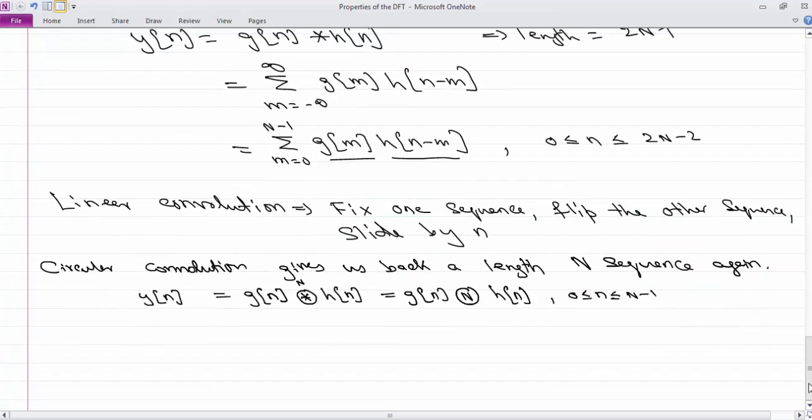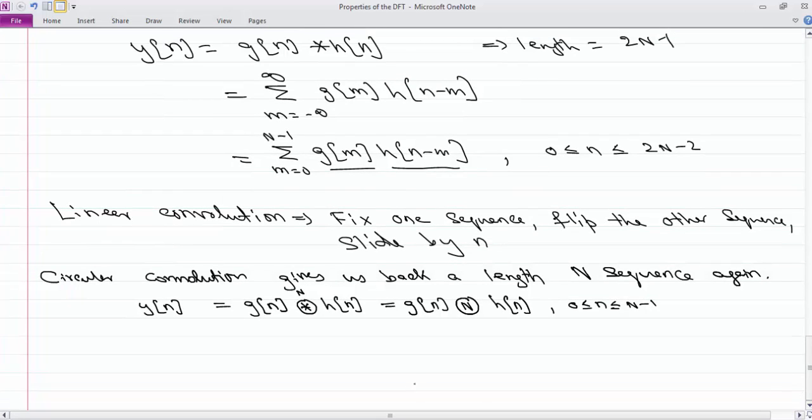So for these finite sequences, how is the circular convolution then different from linear convolution? Well, the first part is the same. You take one sequence, and just like linear convolution, circular convolution is commutative, so you can change the order of what you do with one sequence.